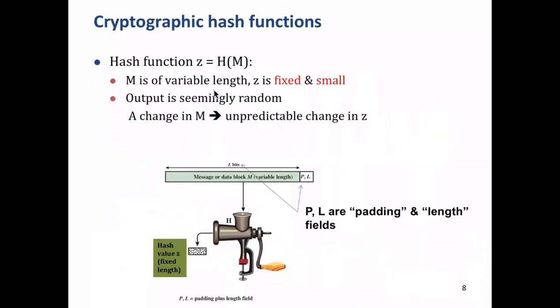Okay. All right. So to revise the concepts, a hash function is a function which gives a digest, or hash of a message, which is Z here, which is fixed and small. Fixed means that it's fixed in size.